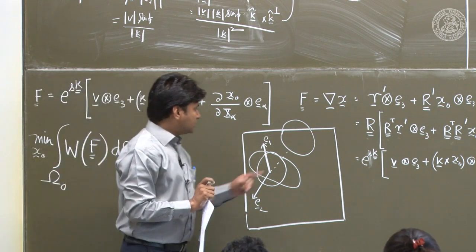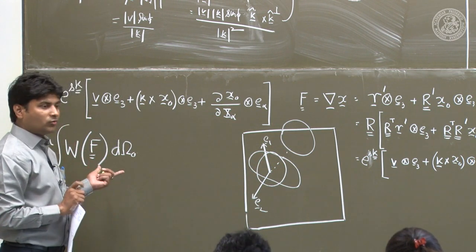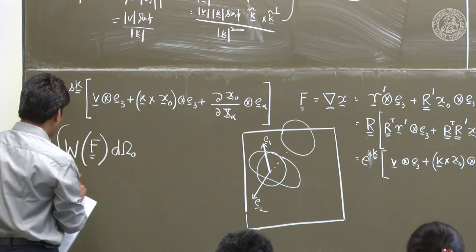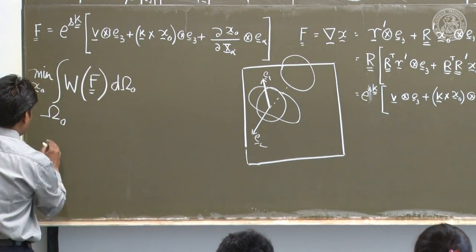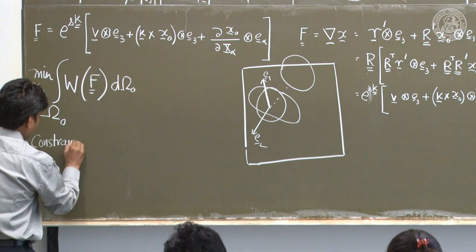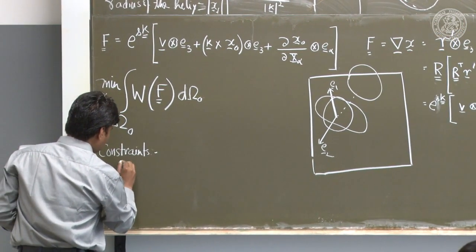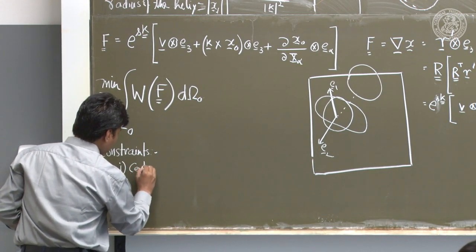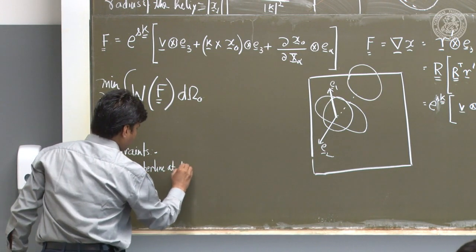So, if we want the center line to remain at the origin, what do you think should be the constraint? So, constraints. Number 1, center line at the origin.